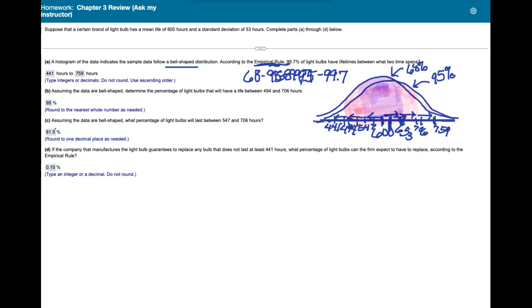And then the 99.7, with that, we're looking at 3 standard deviations from the mean. So everything from 441 all the way out here to 759, all of this area under the curve, this is 99.7%. That's in the yellow.